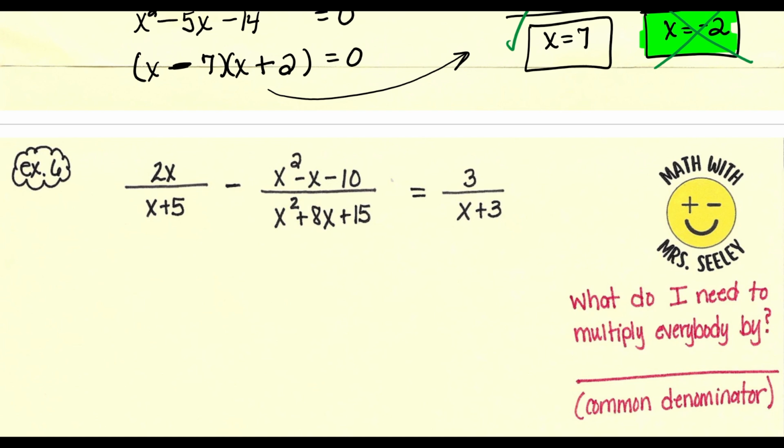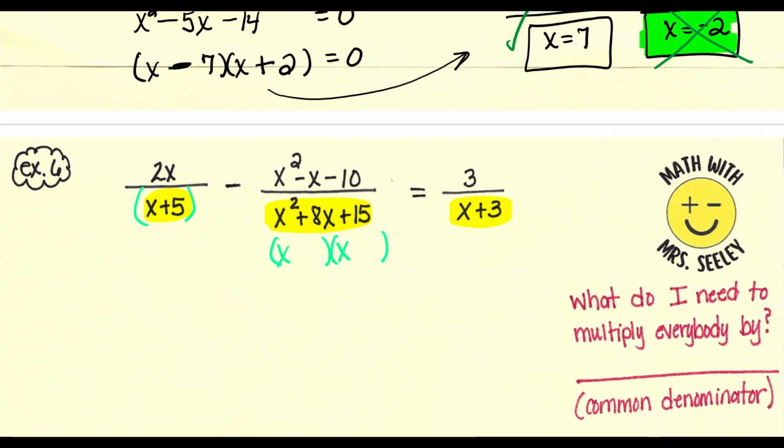All right, let's take a look at example 6. So look at your denominators. You have x plus 5, x squared plus 8x plus 15, and x plus 3. So we have to pick a denominator that can accommodate or handle each of those denominators. Well, let's see what we got. We know we got an x plus 5 there.